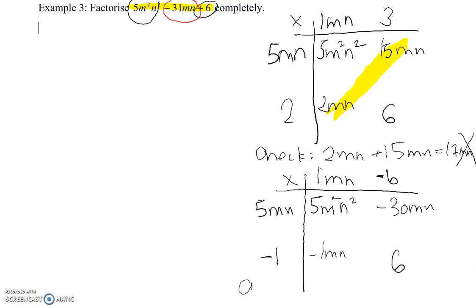Now, let us check if we add these two terms, does it give us negative 31mn?